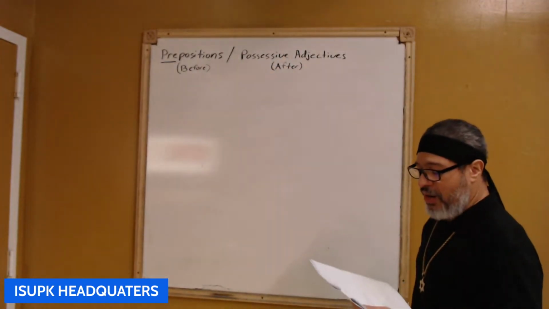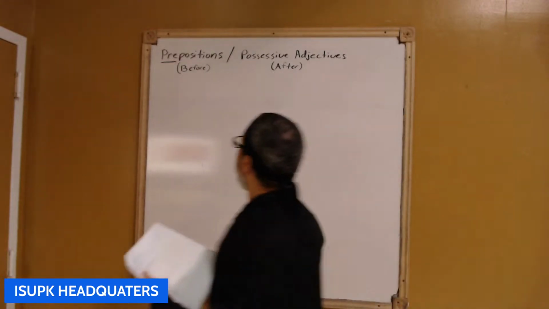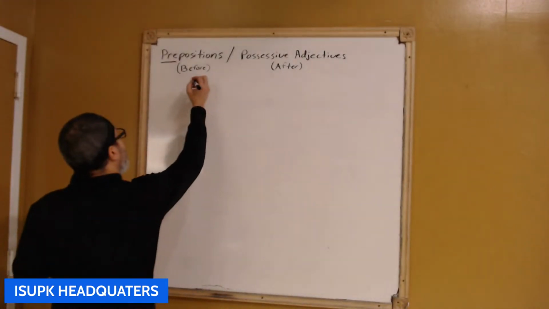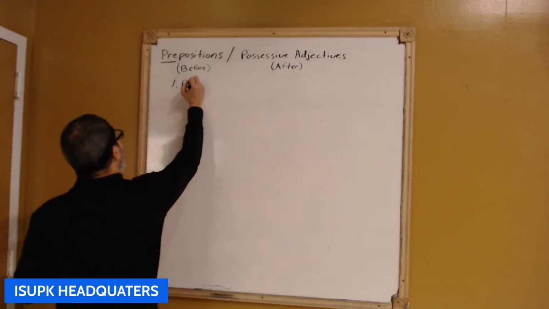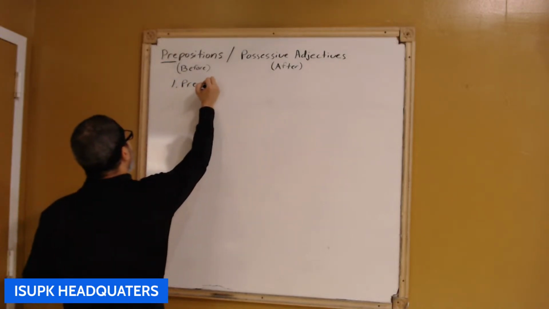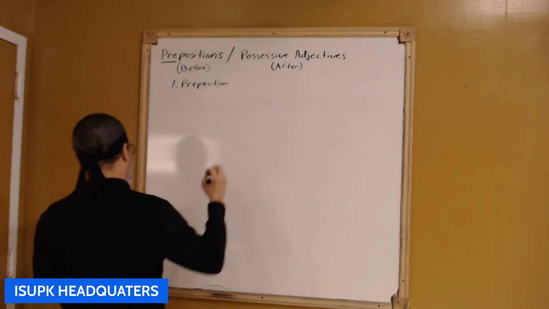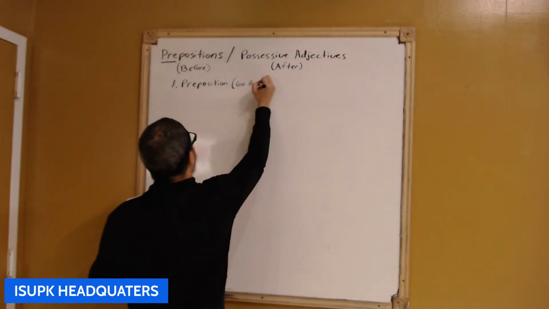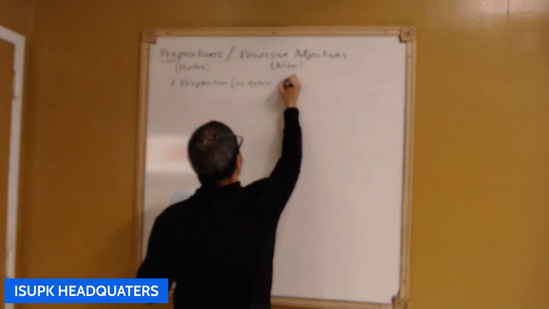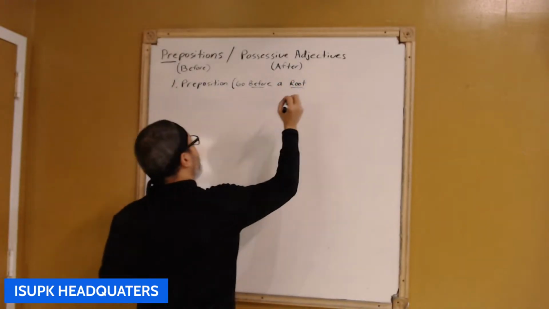Okay. Now, how words are written. First, you would have a preposition, which goes before a root word.